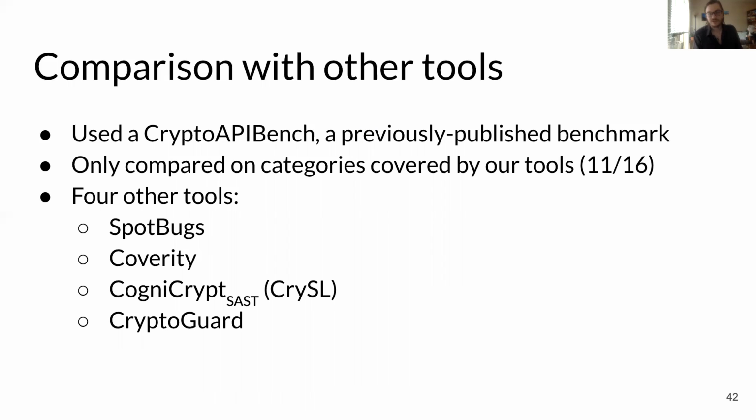Coverity, which is a closed source commercial bug finding tool based on symbolic execution. CogniCrypt SAST, a recent tool based on the Soot data flow framework that's, again, for finding security problems. And CryptoGuard, which is also based on the Soot data flow framework, but augmented with slicing. And it's worth noting that CryptoAPI-Bench was designed to evaluate CryptoGuard.